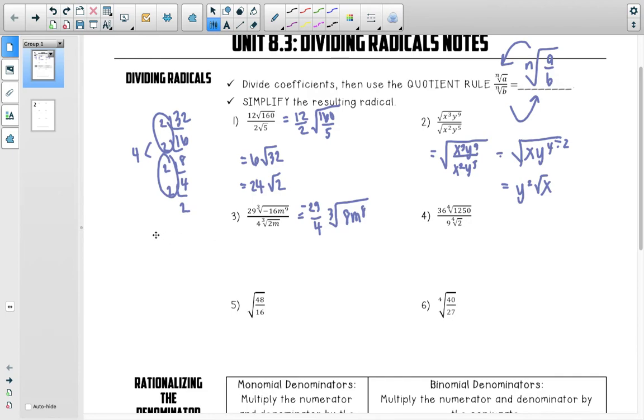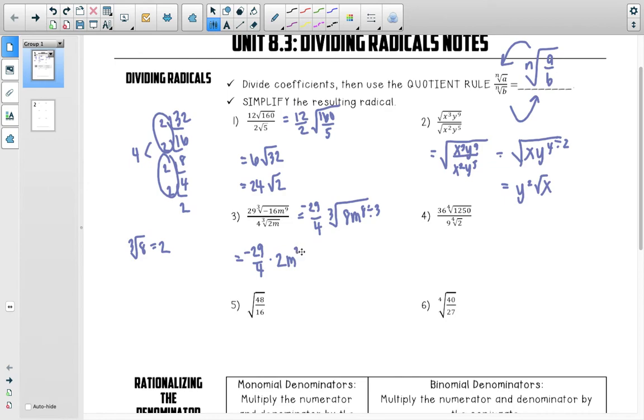The cube root of 8 is a perfect cube, so it's 2. So what you're going to get now is negative 29 divided by 4 times 2. We're going to take the 8th power and divide by 3. 8 divided by 3 will give you 2 sets of m, because 2 times 3 is 6.